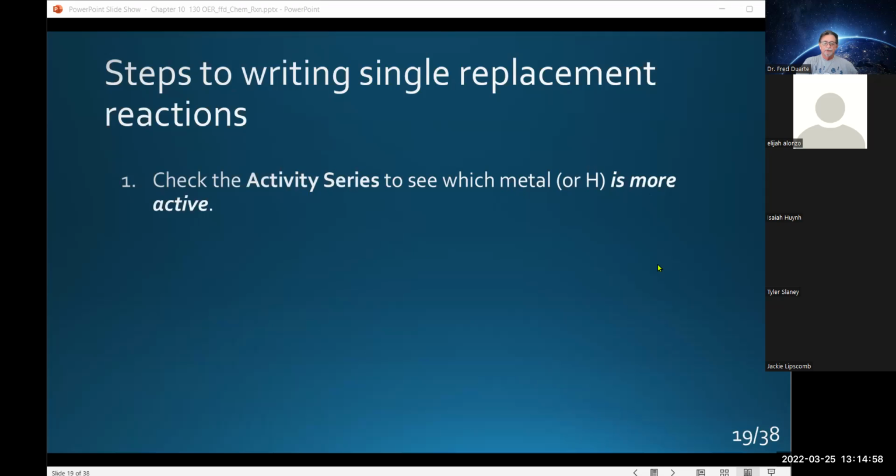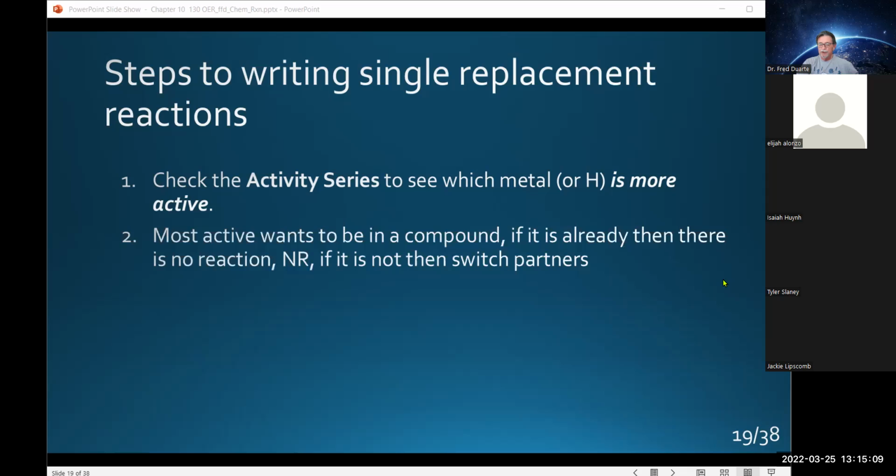All right, so the steps in looking at these types of reactions. One, we check the activity series to find out which metal or hydrogen is more active, okay? So the most active wants to be in compound form. If it's already in compound form, then there's no reaction, okay?